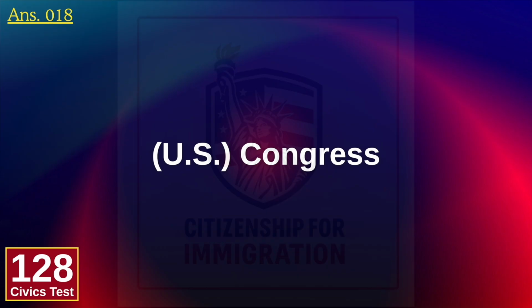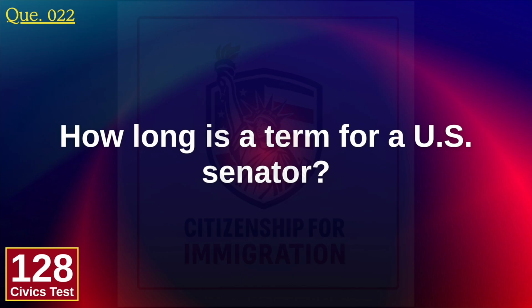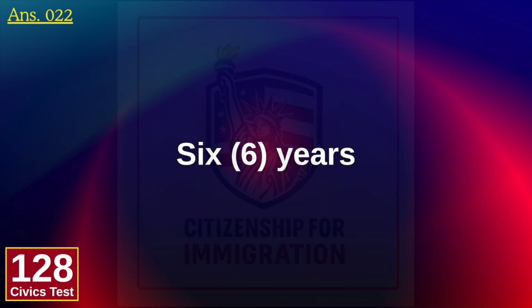U.S. Congress. How long is a term for a U.S. Senator? 6 years.